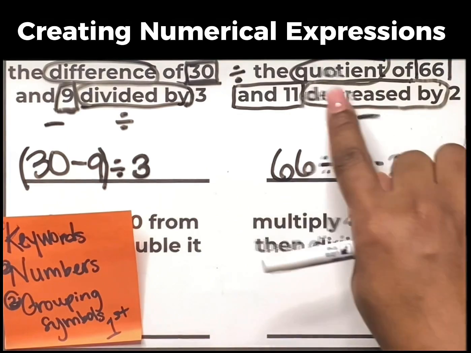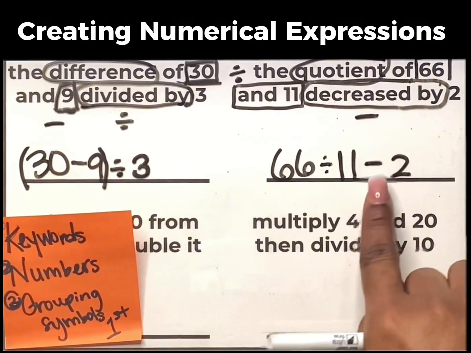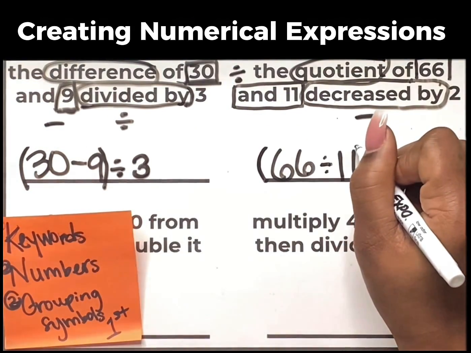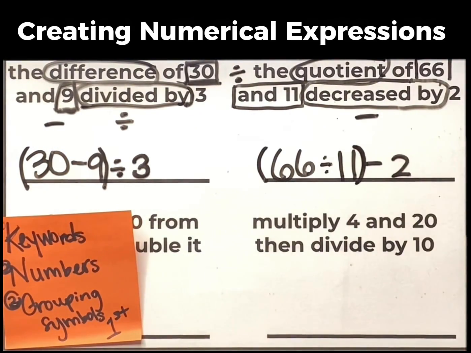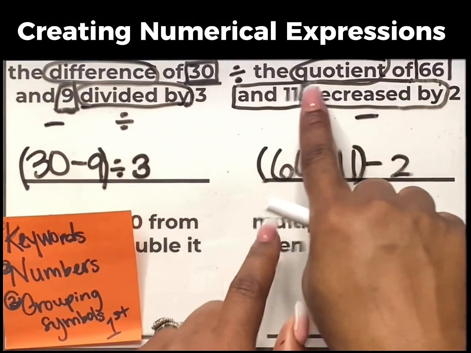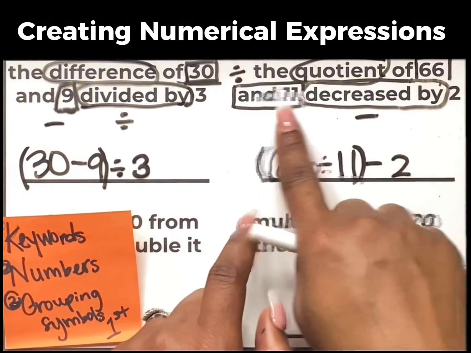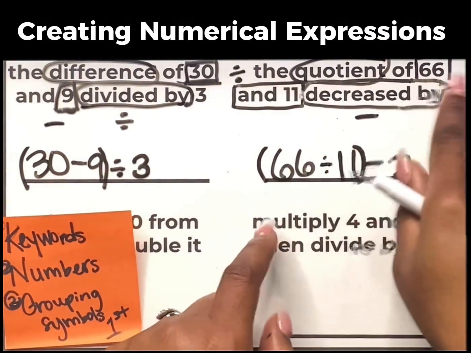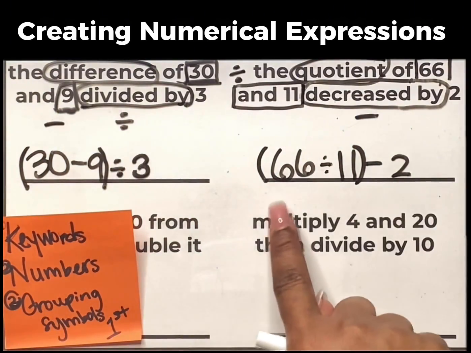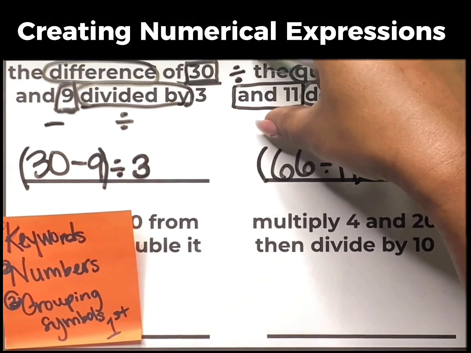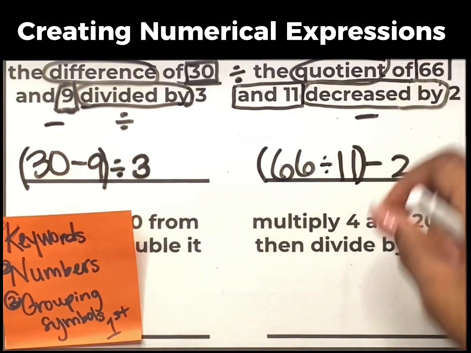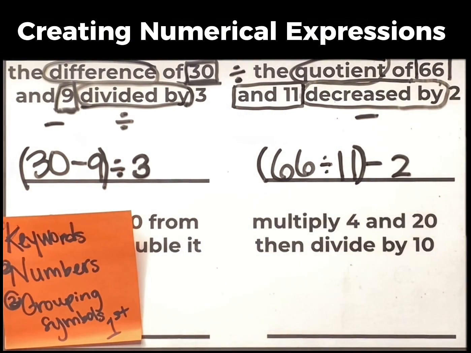We're going to do this part first, and then we're going to subtract 2 or decrease 2. So around 66 and around the 11, let's put grouping symbols, because that's going to be done first in this sentence. This is what they're saying should be first in your expression. You have to put this in the order in which it's being stated in these words. If the order isn't correct, your numerical expression isn't correct.